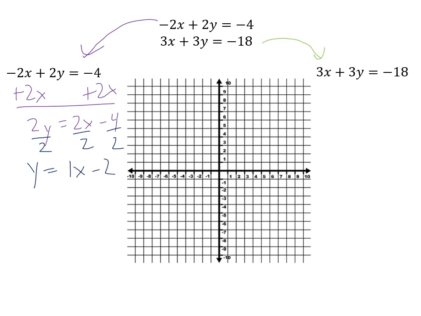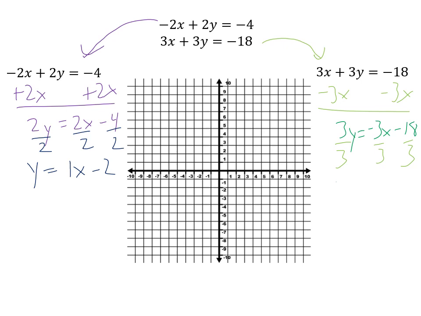Might as well do that on this other side over here, so I'm going to be subtracting 3x from both sides. That leaves us with 3y equals negative 3x minus 18. Divide everybody by 3.